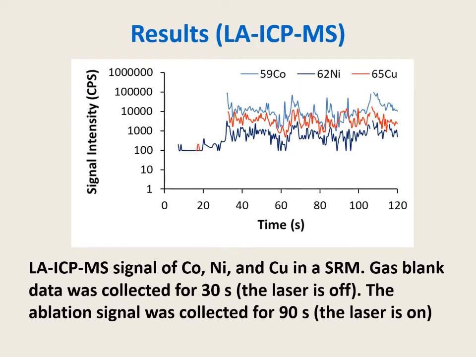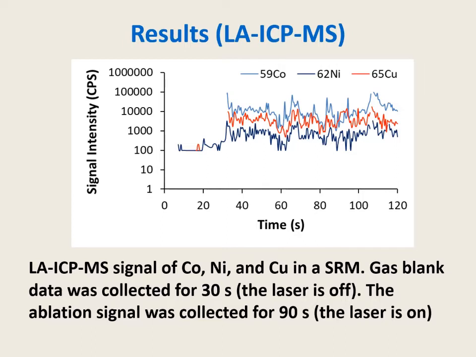Results, laser ablation ICP-MS. This figure shows the relation between the signal intensity of cobalt, nickel, and copper and the time in seconds in standard reference material by using laser ablation ICP-MS.